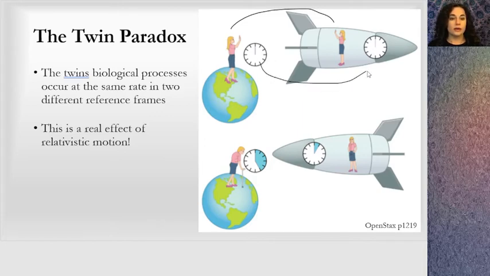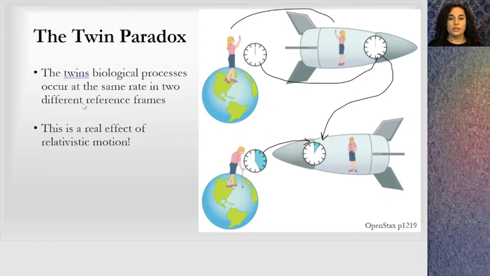And notice that at that point in time, the clocks are synchronized. They both read 0. At some point later, the person who is traveling returned, and she measured a time, and it was whatever time it was, right? The person on the planet, though, says you've been gone a long time, because that person was moving relative to the person in the spaceship.